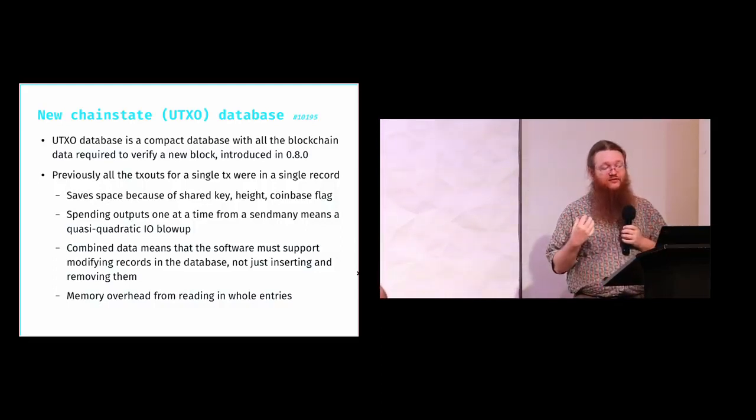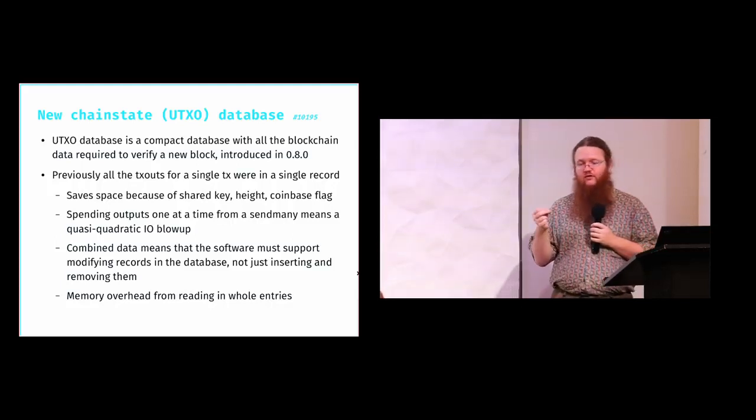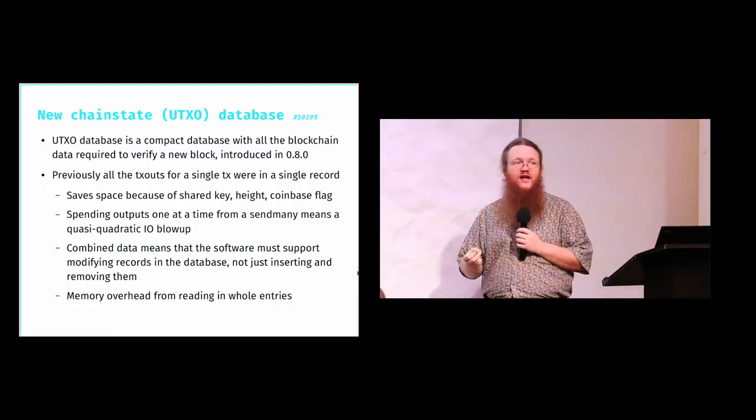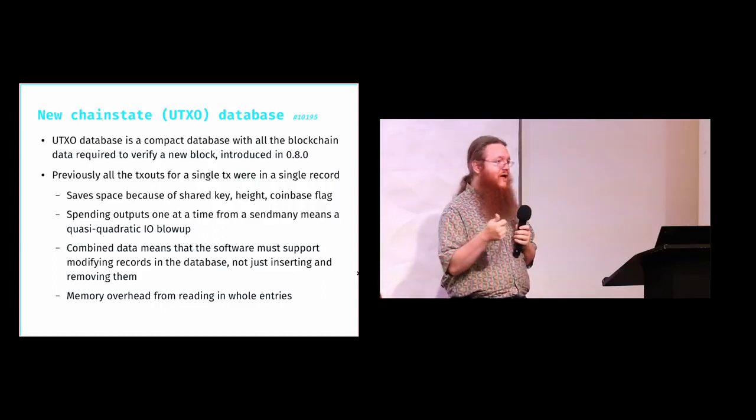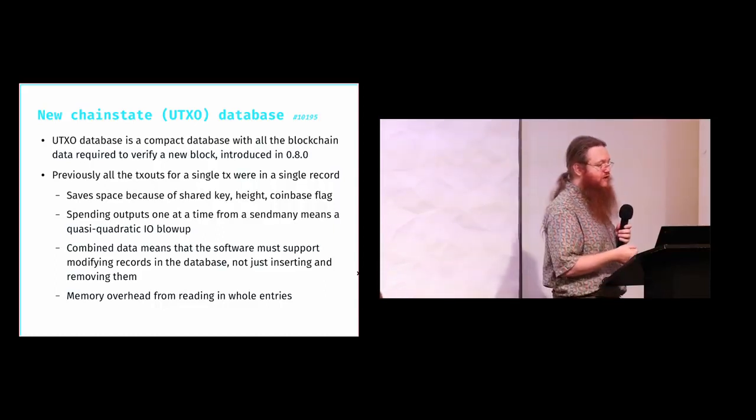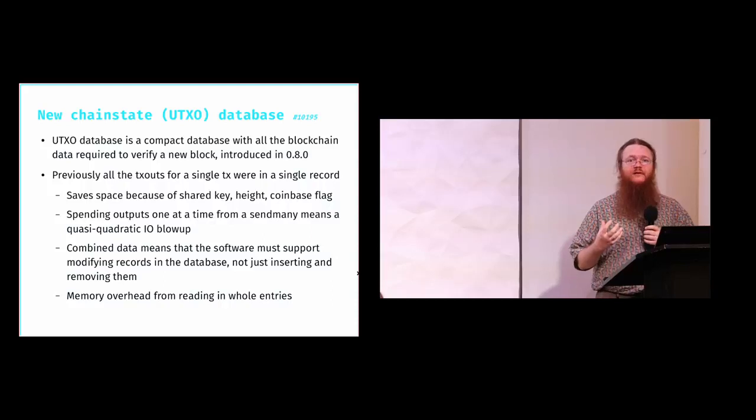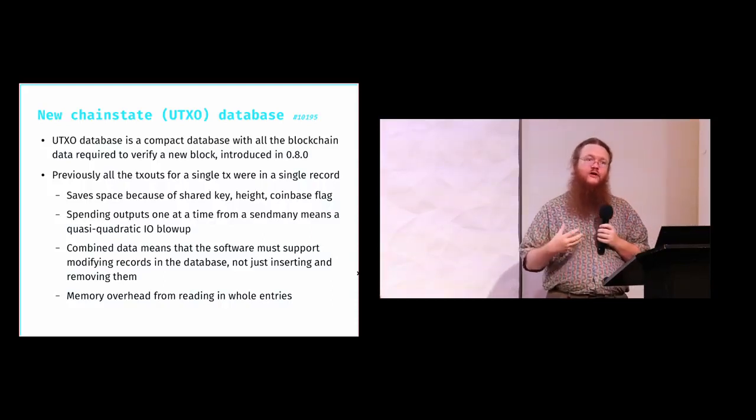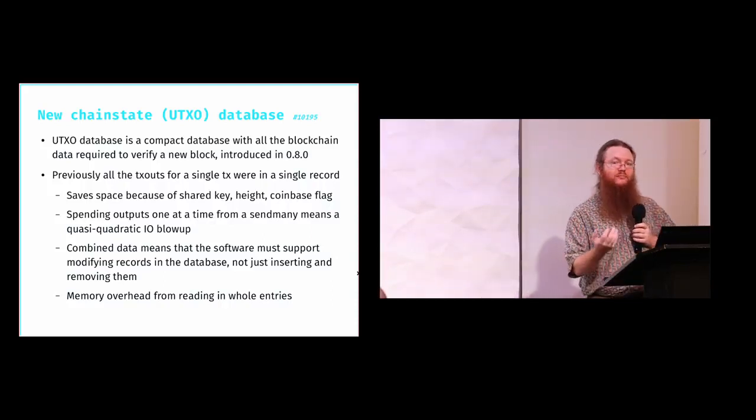But the problem with this, or one of several problems, is that when you spend the outputs from a transaction one at a time, it would have to read in all of the outputs, modify it, and write it back. So this creates a quasi-quadratic I/O blow-up, where a lot more work is required to modify transactions with many outputs.